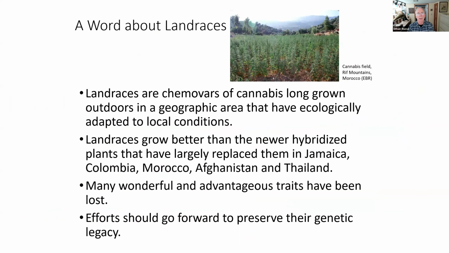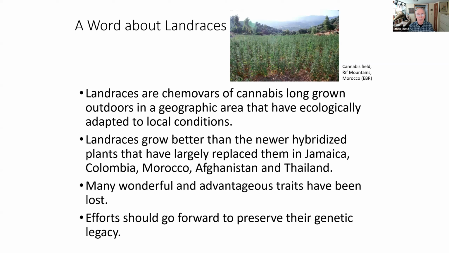And just a word about land races. Land races are chemovars, chemical varieties of cannabis that have been grown outdoors in a specific geographic location that are best adapted to the ecological local conditions. Land races grow better than newer hybridized plants that have largely replaced them, and this is true throughout the world, especially in traditional cannabis growing areas, Jamaica, Colombia, Morocco, Afghanistan, and Thailand.